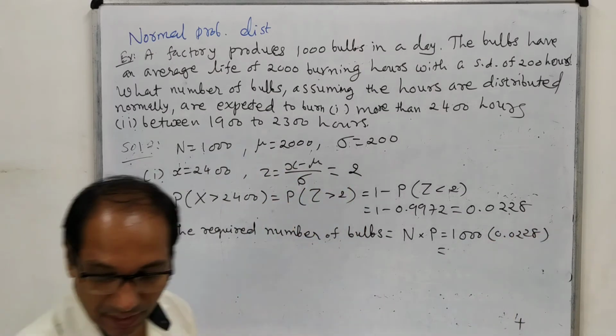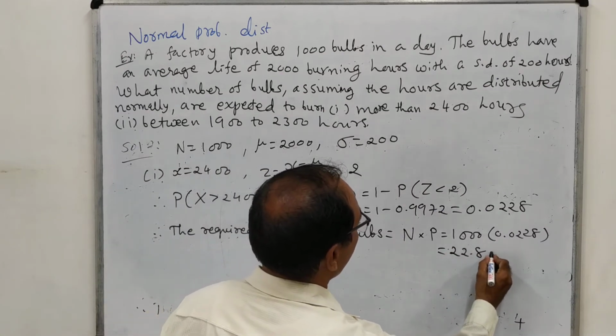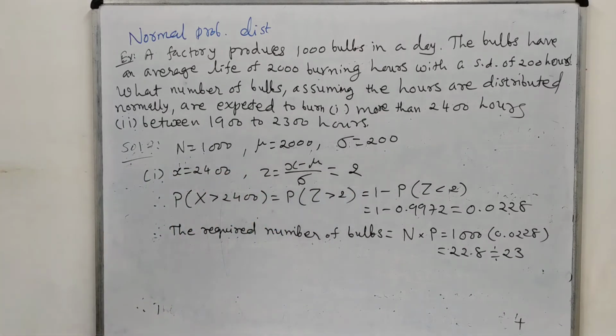If we multiply, we get 22.8, or approximately 23, because a bulb is whole, not a part. So approximately 23 bulbs will run more than 2400 hours.